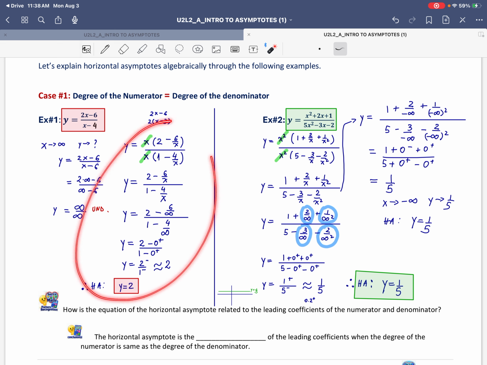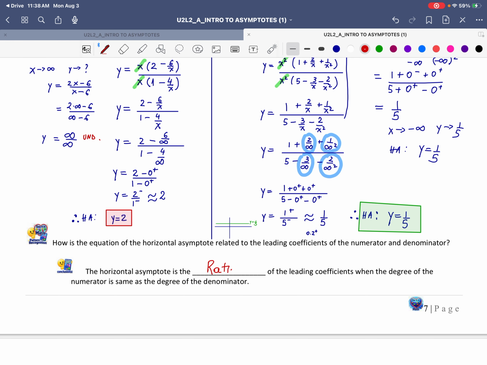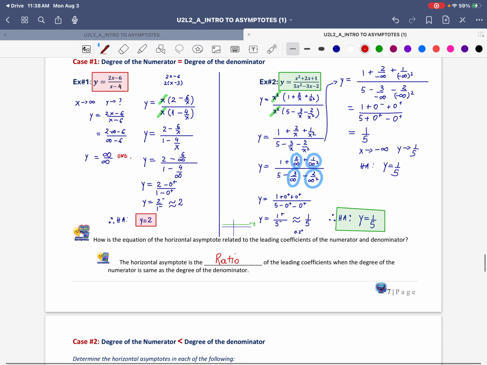We're not going to do this all the time unless you are specifically asked to analyze it. So you are simply going to take a look at the coefficients, and this is when we draw the conclusions. So how is the equation of the horizontal asymptote related to leading coefficients? It seems that it is the ratio of the leading coefficients. And that's how we are determining the horizontal asymptotes from now on.